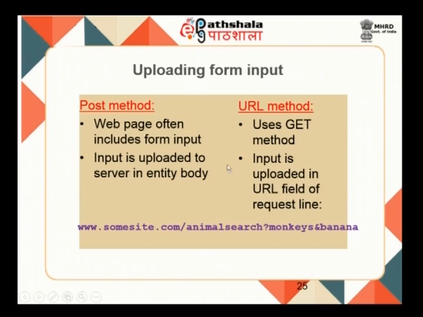The other option is that you could use the GET method itself, but in that case the information that you want to send is added to the URL part of the request line. That is, you have a GET with somesite.com plus whatever information you want to send, sent as part of the URL itself. So, this is another method by which you can send data to a server through a form or whatever purpose.